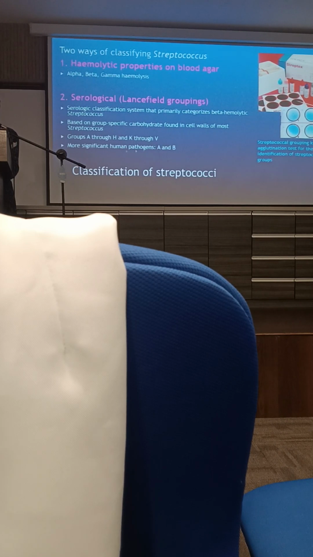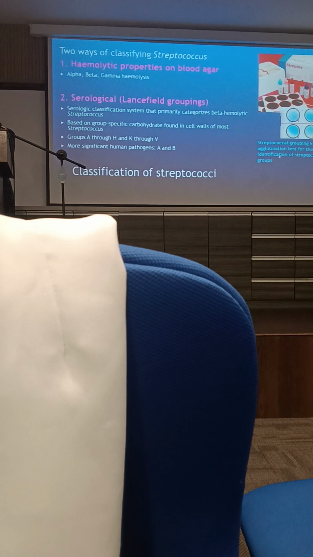So you can classify them from A to H and K to V, but the most significant human pathogens are A and B. Have you heard of group A streptococcus, group B streptococcus? That's because of their Lancefield grouping. The carbohydrate on their cell wall is grouped based on that, so a latex agglutination test is done to identify that.